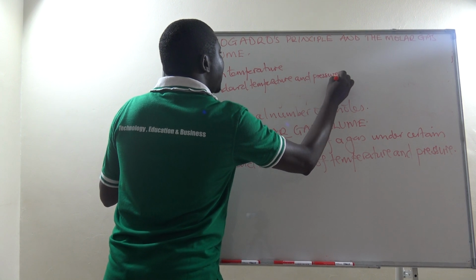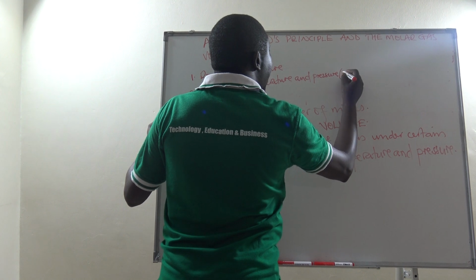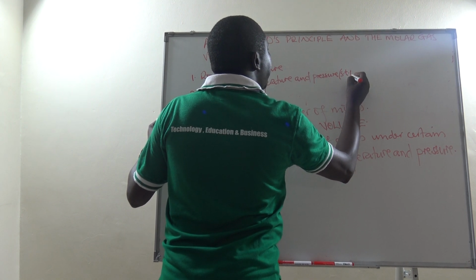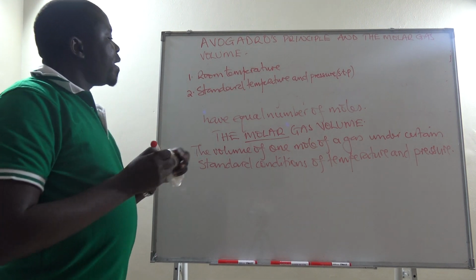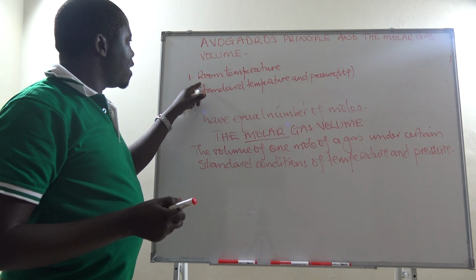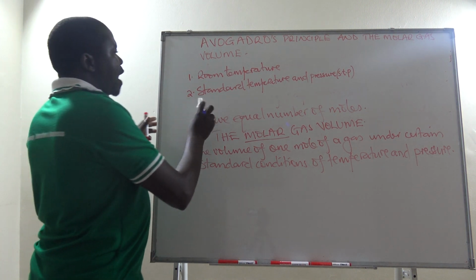Standard temperature and pressure. Sometimes we give it the acronym STP, which is always used so freely. So we have 2 different conditions here: room temperature and then standard temperature and pressure.